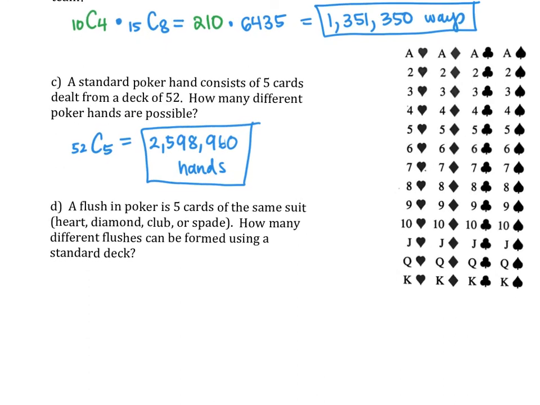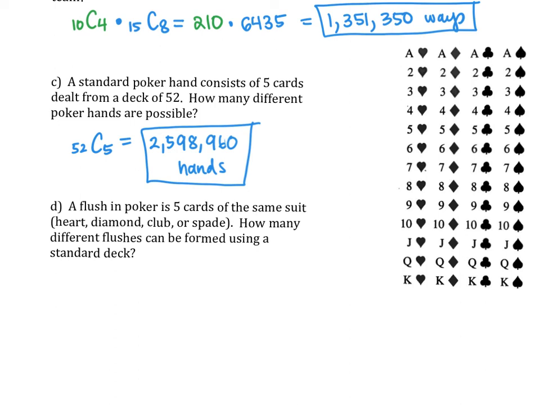Okay, now let's consider a particular hand. A flush in poker is 5 cards of the same suit. Suits are the little pictures. So hearts, diamonds, clubs, or spades. How many different flushes can be formed using a standard deck? Okay, I'm going to do it 2 very similar but slightly different ways.